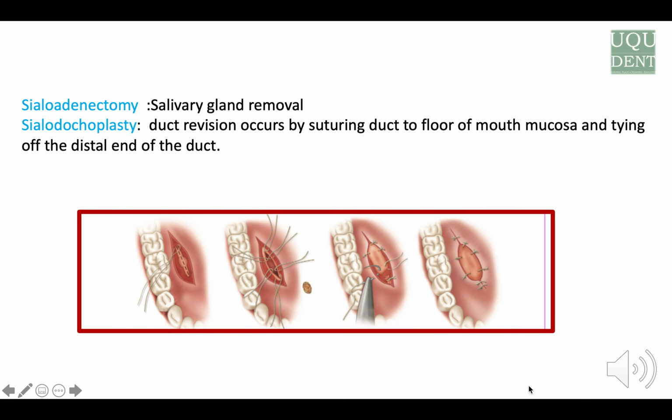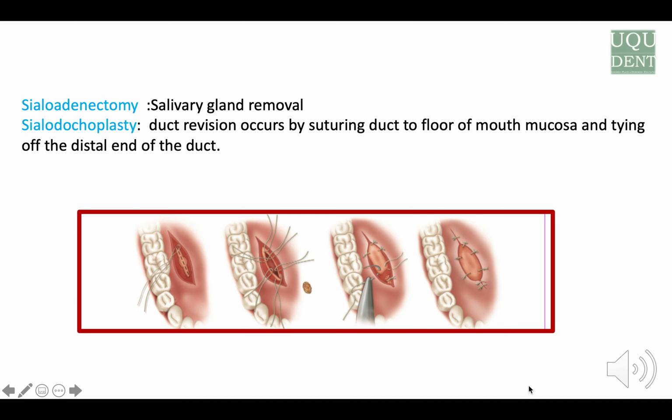Sialoadenectomy is the salivary gland removal. Sialoductoplasty is like doing a plastic surgery to the salivary gland duct. During this procedure, first you have to identify the lingual nerve and the Wharton duct to preserve them.